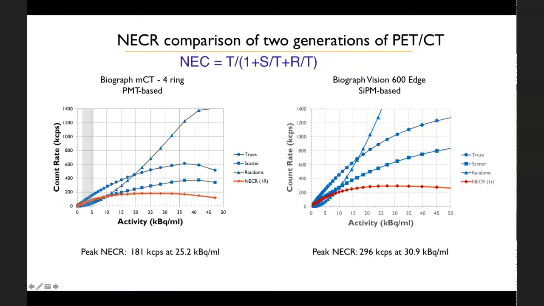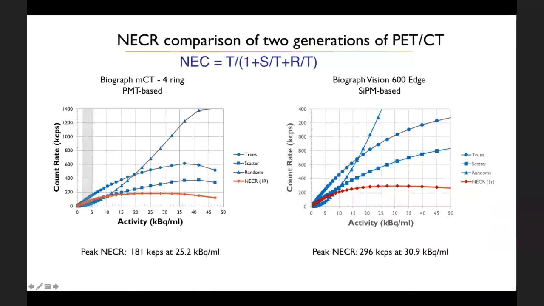We've never actually found where the top of that is. We can see that the scatter fraction is here and the randoms are up here, and the maximum point along here where the NEC calculation occurs is much higher than it is for our mCT system.